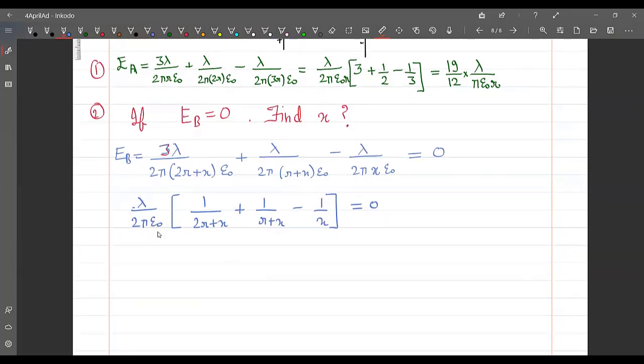This quantity, lambda by 2 pi epsilon naught, cannot be 0. Only the quantity inside the bracket will be 0. I will solve for it. The common denominator will be (2r plus x) into (r plus x) into x.